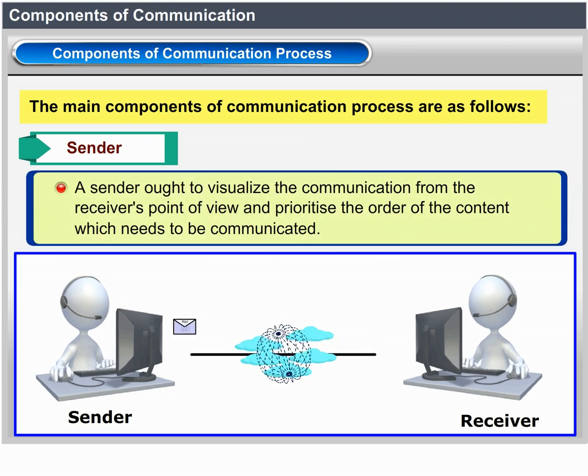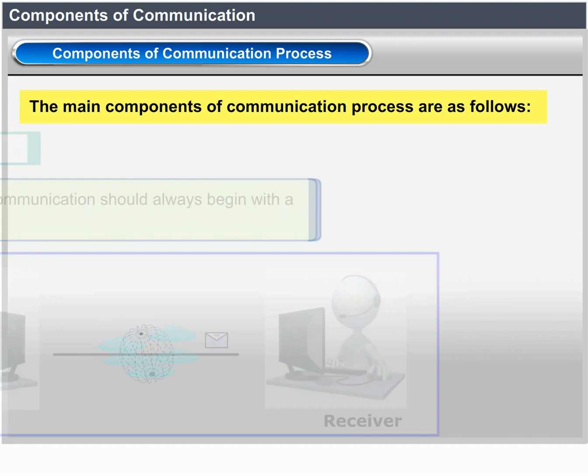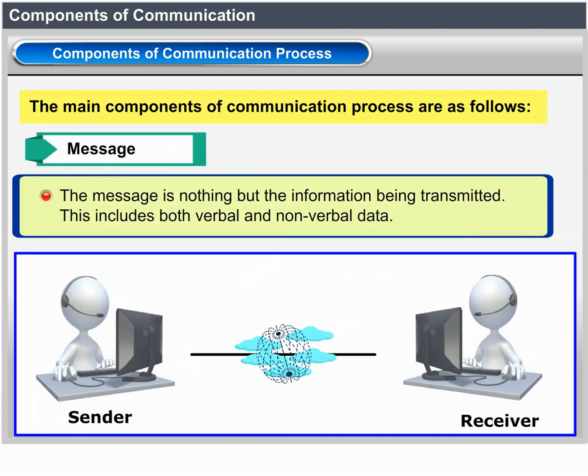A sender should visualize the communication from the receiver's point of view and prioritize the order of the content that needs to be communicated. For better receptivity, the communication should always begin with a simple message. Message. The message is the information being transmitted.